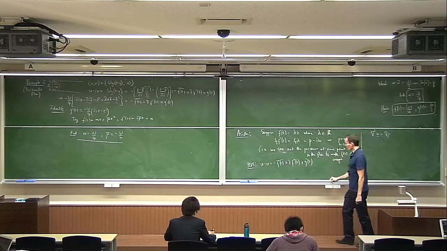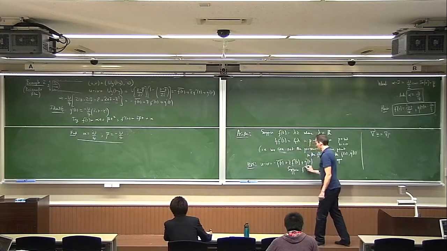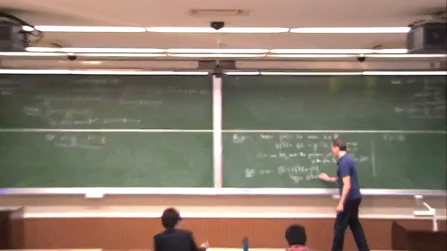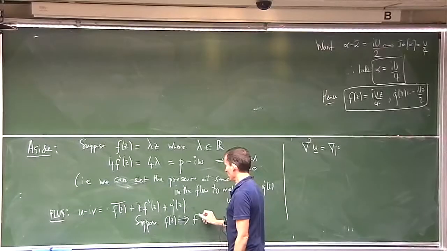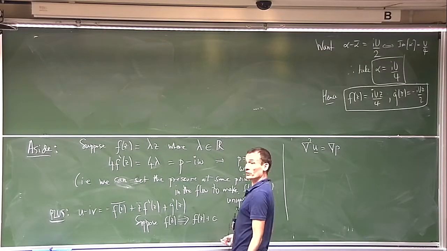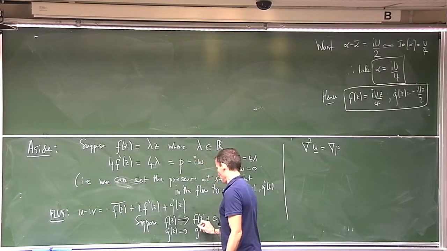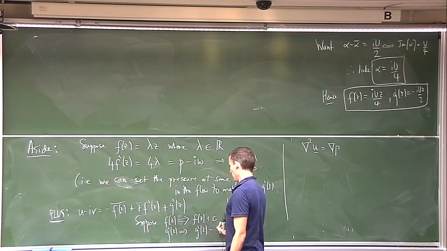Well, how about this? Suppose, oh, I better not use that notation. Suppose F goes to F plus C, some constant, and G prime goes to G prime minus C bar.